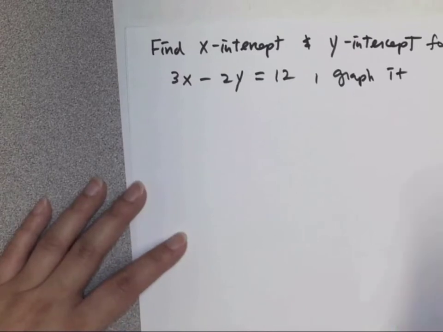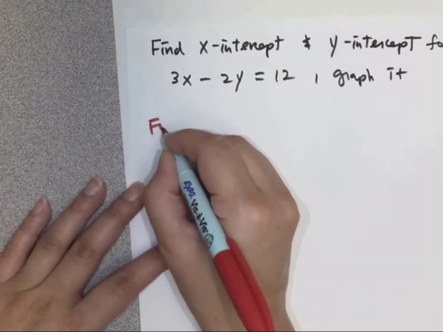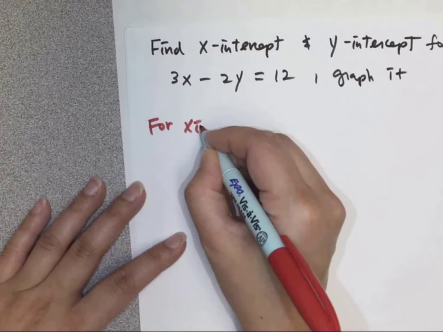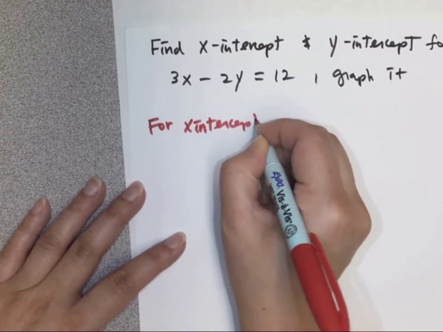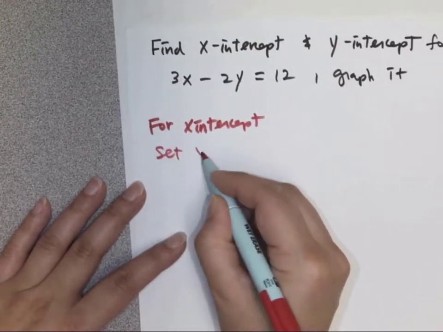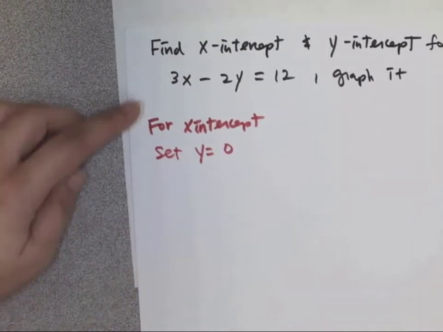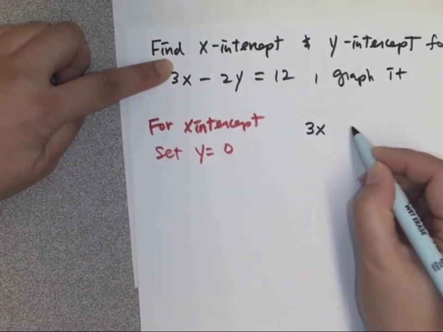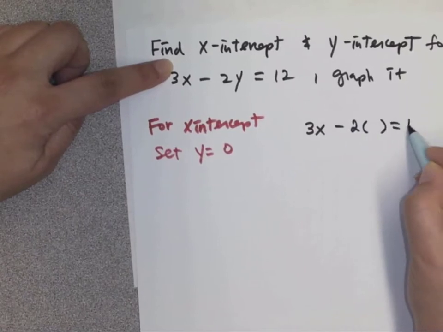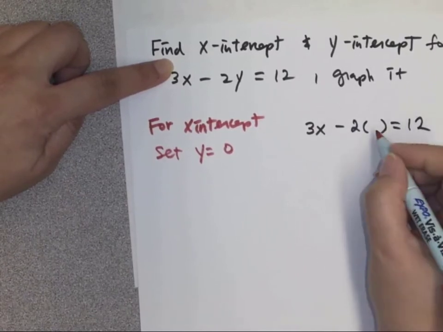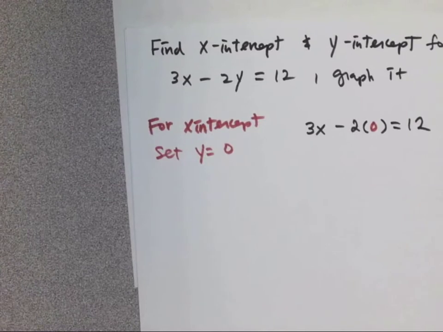Again, for your x-intercept, we know we should set y equal to 0. So using that function, 3x minus 2 times my y turned into 0, right? Anything times 0 is 0.